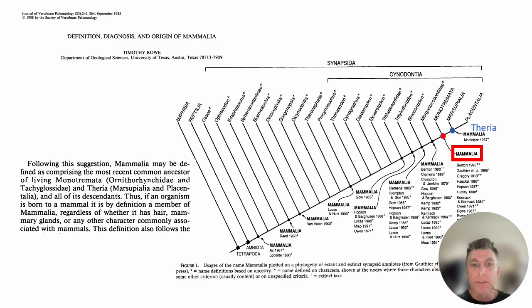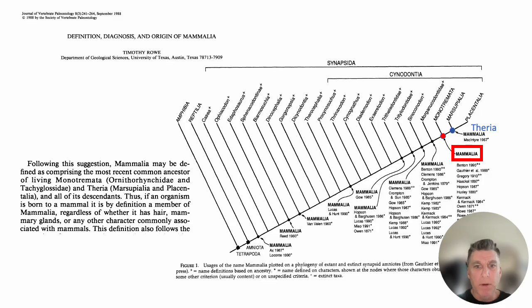A definition tells you what the group is that you're looking for. So let's read this quick paragraph here. Mammalia may be defined as comprising the most recent common ancestor of living monotremes and therians, and all of its descendants. Thus, if an organism is born to a mammal, it is by definition a member of Mammalia, regardless of whether it has hair, mammary glands, or any other character commonly associated with mammals.